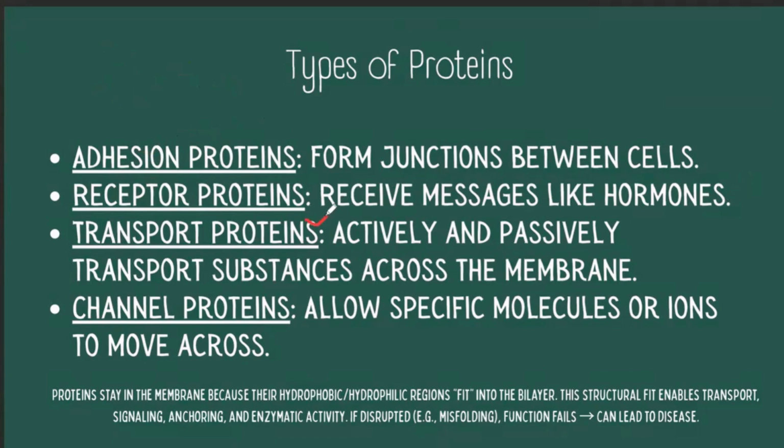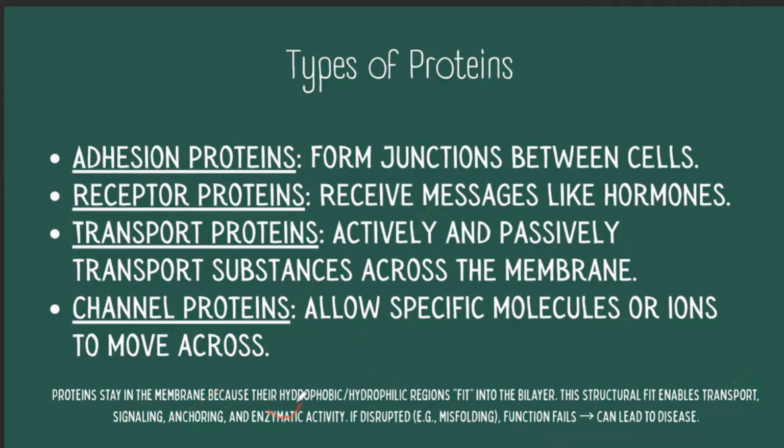You could have transport proteins that are embedded within the membrane and are either passive or active with ATP, and channel proteins, which are more specific, allowing molecules or ions to move across. We'll talk about that in more detail in Unit 4. Basically, these are there so you can have a structural fit that enables transport, signaling, anchoring, and enzymatic activity.